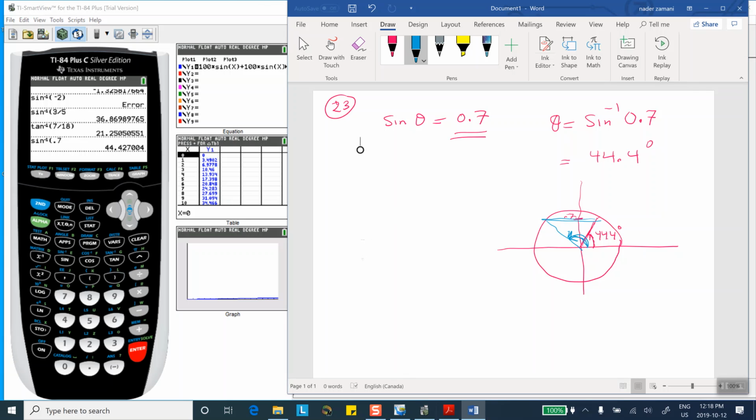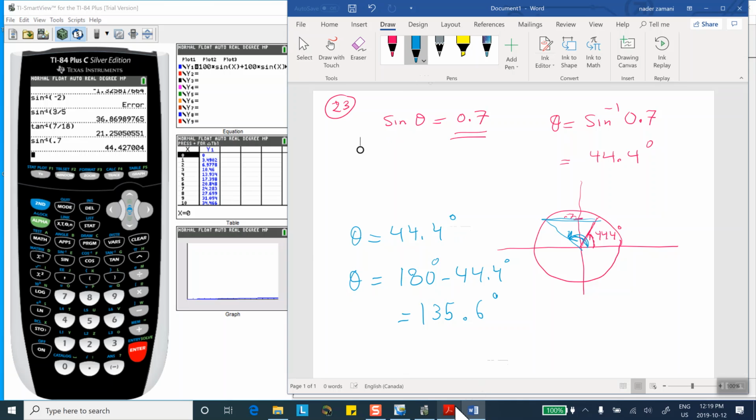So there are two answers to this problem. Theta equal to 44.4 degrees, no problem. Also theta equal to 180 minus 44.4 degrees. And that is, let's see now, this is a 6, this is a 5, this is a 3, and there we are. So there are two answers to number 23.